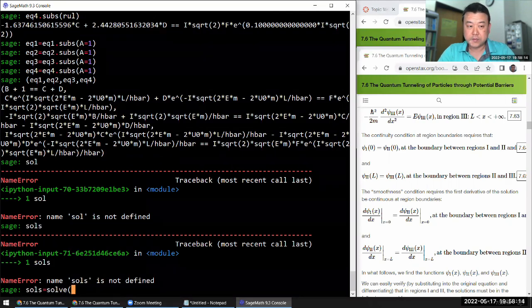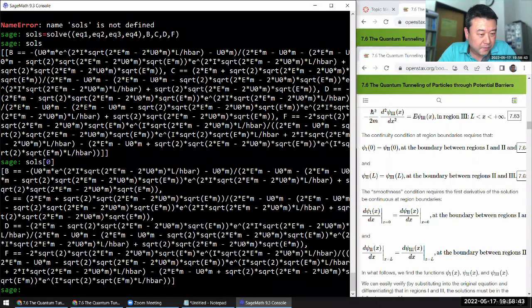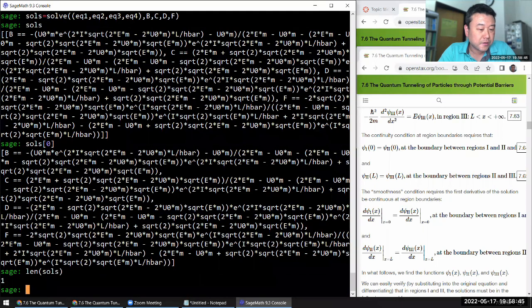I'm going to solve this system of equations 1, 2, 3, and 4 for the parameters B, C, D, and F. Okay, I think that should do it. Wait, let me look at the length of the solution. Yeah, there's only one.